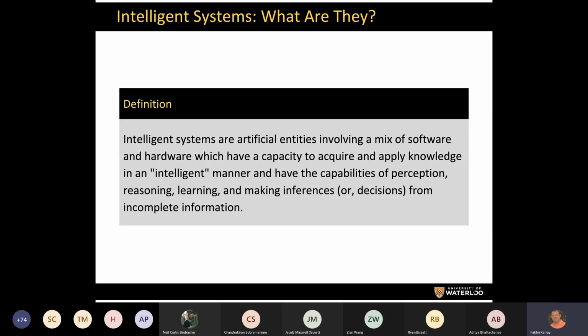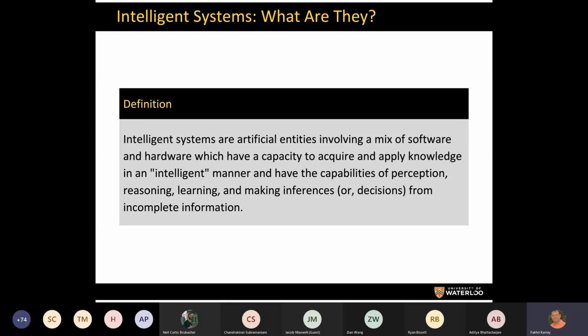The only difference between the systems developed nowadays and the systems before is that nowadays we are able to integrate all these powerful capabilities, sensory perception, reasoning, learning, making inferences, within a microchip. So we can build all these perception systems and capabilities for intelligent systems in a very small microchip that we can integrate with very small devices.